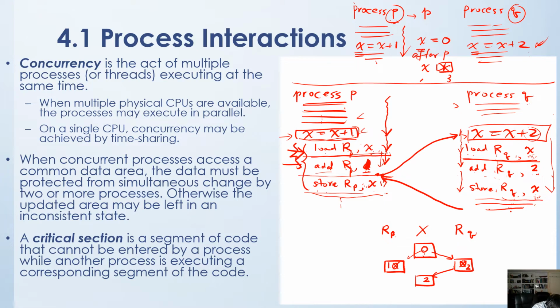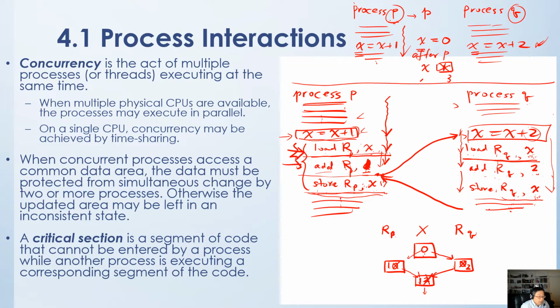So in that case, it's going to store RP to X. What is RP? RP is 1. I store RP to X. So it doesn't matter what's in X. You're going to override it. Okay, so X becomes 1. Once process P finishes the store RP, comma X, the value of X becomes 1. Okay, so then I continue with the next one.